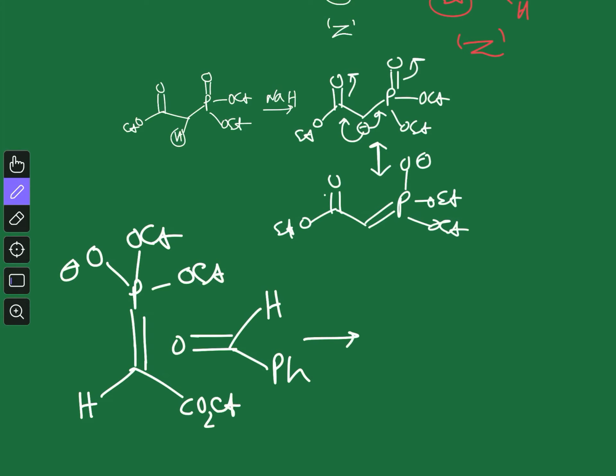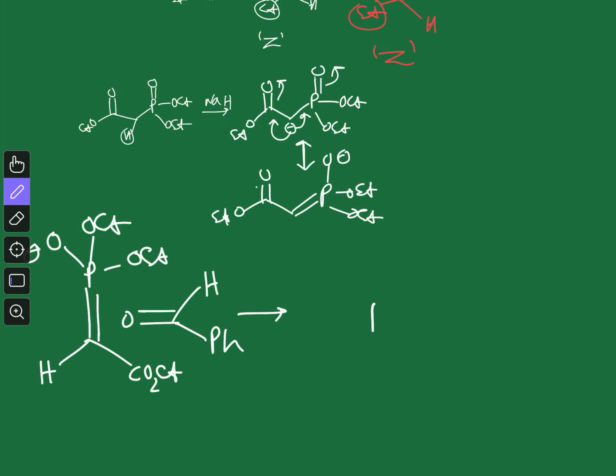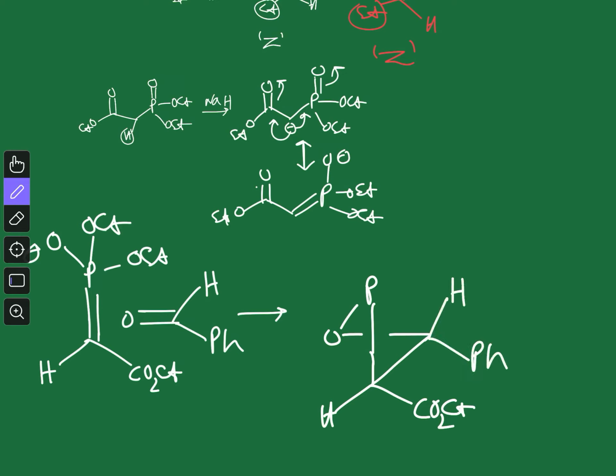So the oxyphosphate which we are going to get is this one here, and now we have this CO2Et group, hydrogen, here we have this hydrogen and this phenyl, and here we have all this O minus, OEt and OEt.